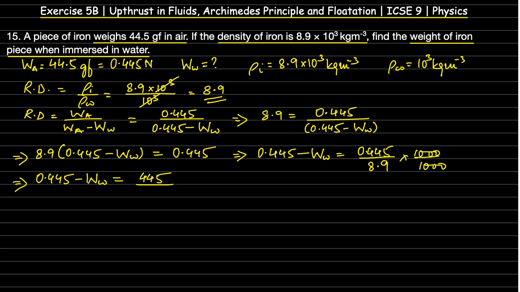I would write that as 89 into 100. I would tell you the reason why. Because 445 divided by 89 straight away gives me 5 times. So I can cancel this 5 times. So we get 5 divided by 100, which is nothing but 0.05.